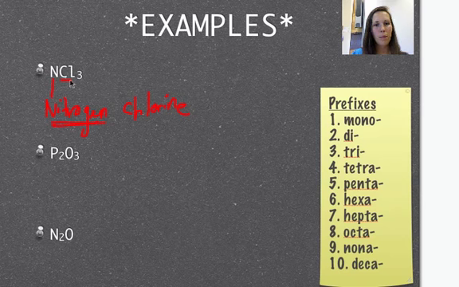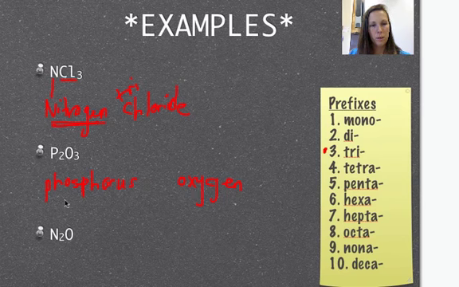But there happen to be 3 chlorines. So we look over here at our magical little prefix thing, and we're going to add a tri, T-R-I, to chlorine. And the final step is going to be to change the name of chlorine, which is the last element in it, to chloride. Just like that.